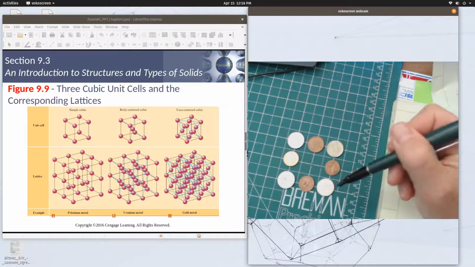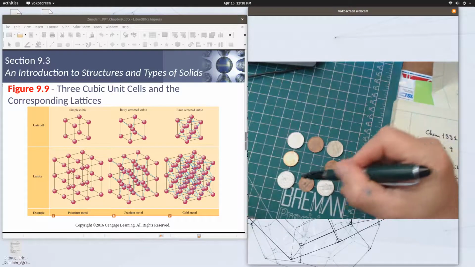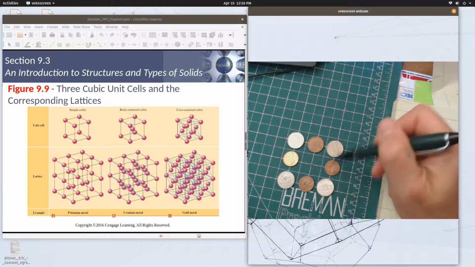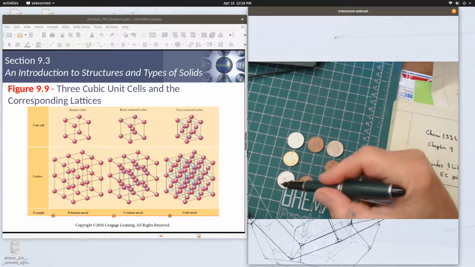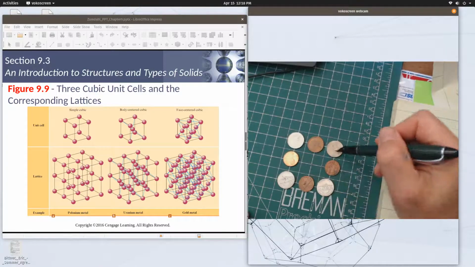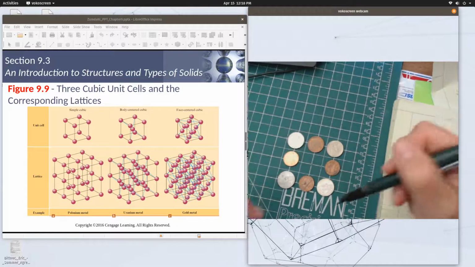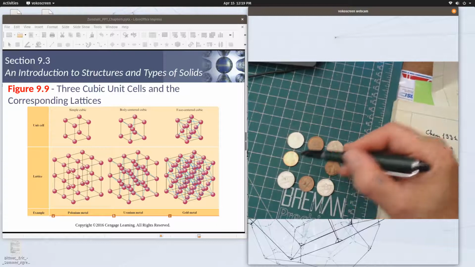I would have 1 quarter, 1 quarter, 1 quarter, 1 quarter, and in a 3-dimensional case, I would have 1/8 on each of the corners of the cube. And on each face of the cube, I would get a half.